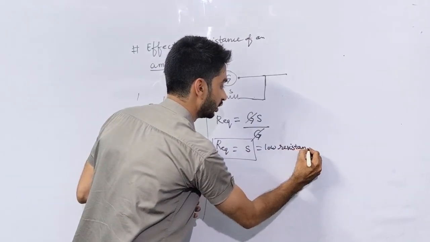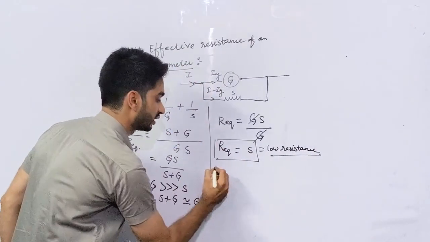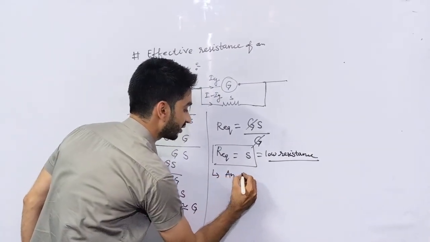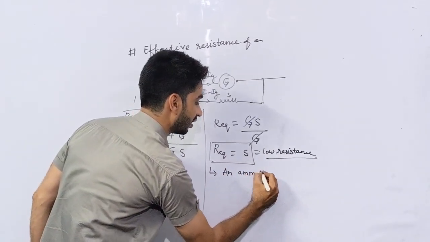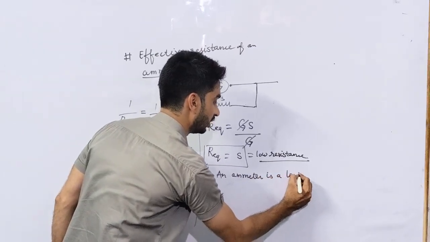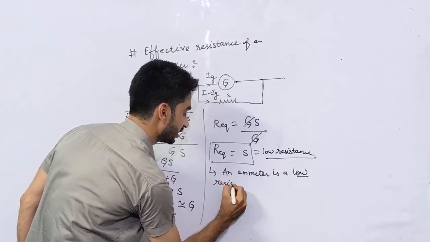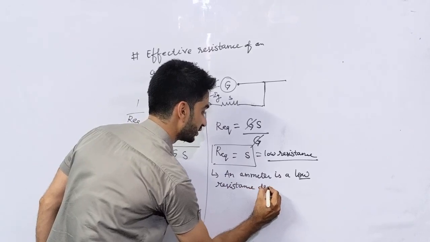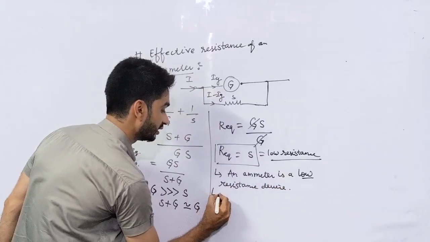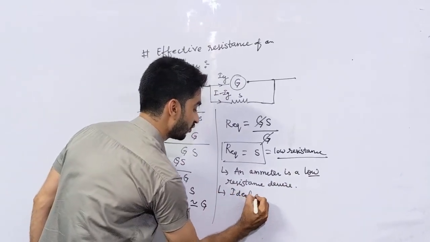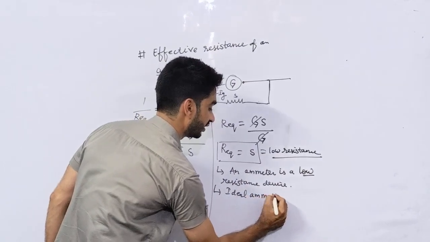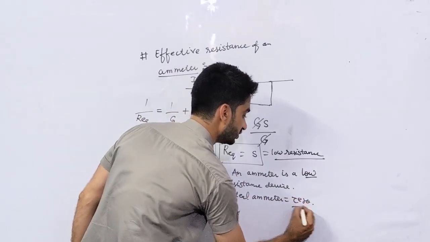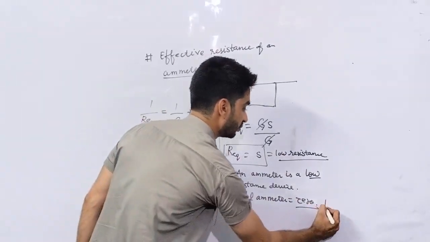Therefore, what do we conclude? We conclude that an ammeter is a low resistance device, and the resistance of an ideal ammeter is equal to 0. So this is very important.